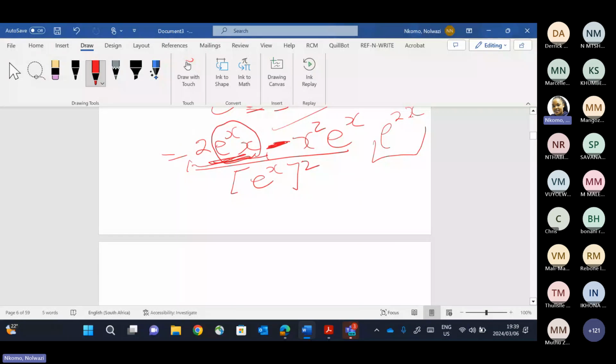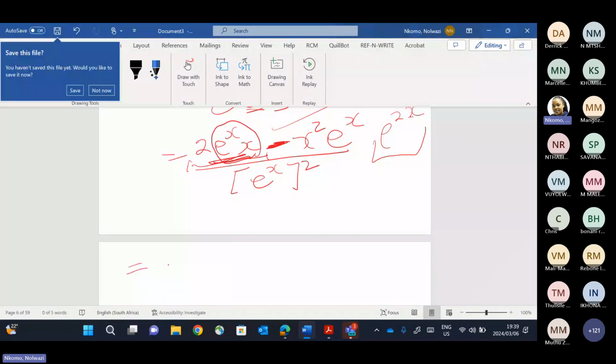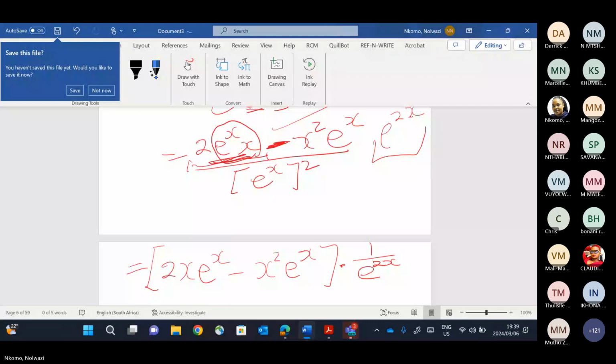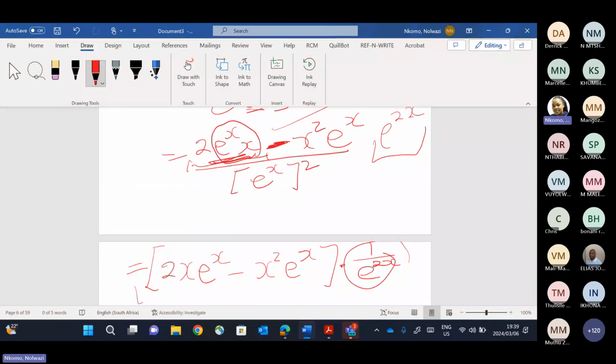If you want to write it like that, it means you write 2x e to the power x minus x squared e to the power x times 1 over e to the power 2x. It's still the same thing. Just make sure you have brackets to show that it multiplies everything here. Oh, okay. Thanks.